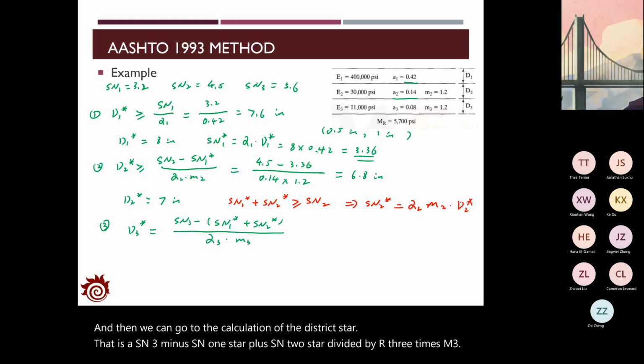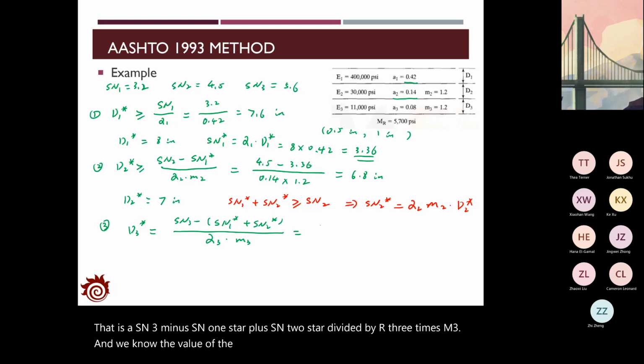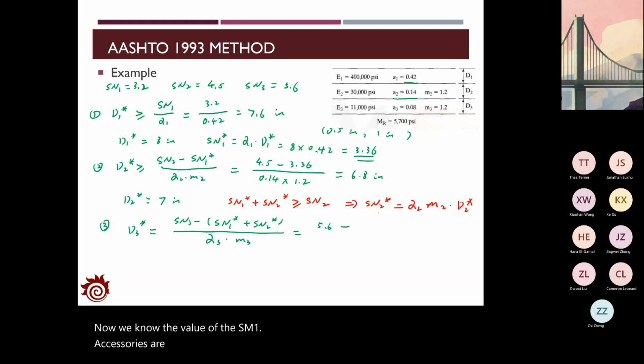And we know the value of the SN1. SN3 is 5.6 minus SN1, which is 3.36.